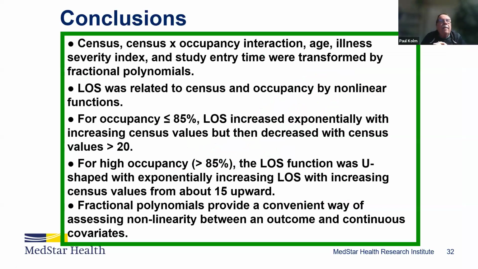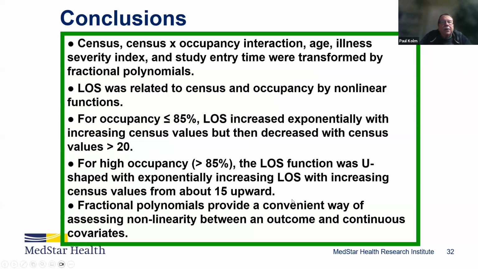So the conclusions that we came up with is that for occupancy less than 85%, the length of stay increased exponentially with increasing census values, but then decreased with census values greater than 20. Then we looked at the high occupancy. We saw that we had a U-shaped function, which was exponentially increasing with increasing census values.